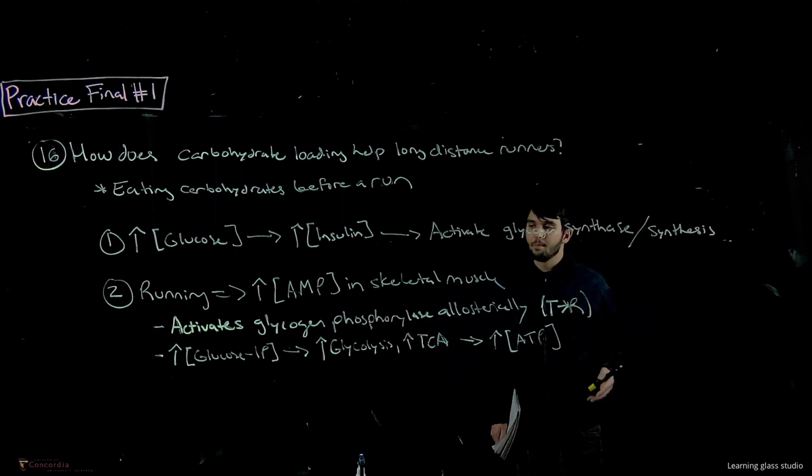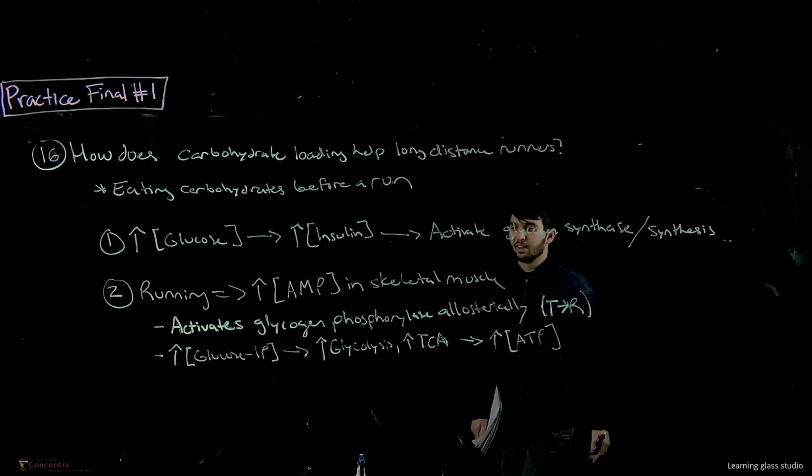So increase in AMP does a lot of things, if we remember, but one thing it does is it activates glycogen phosphorylase allosterically. Remember, that's turning it from the T state to the R state. So that degrades glycogen. That's going to increase the amount of glucose in the cell, which will also increase the rate of glycolysis. AMP will also allosterically increase the rate of glycolysis too.